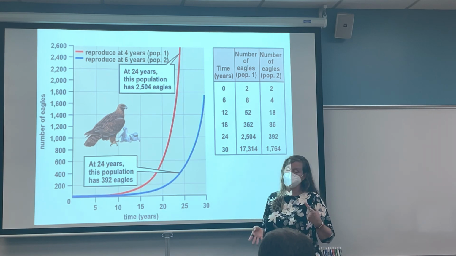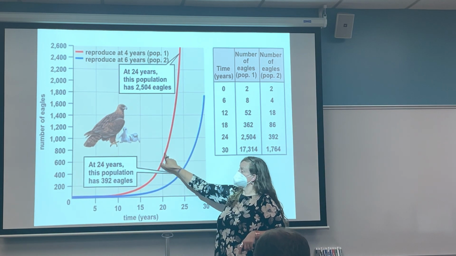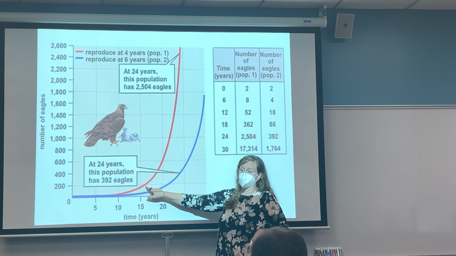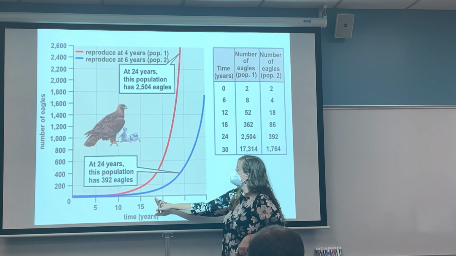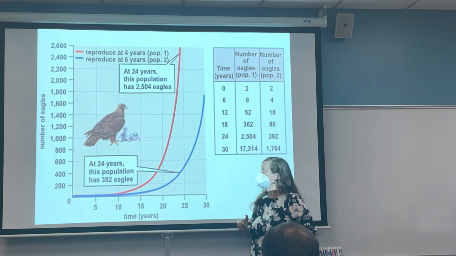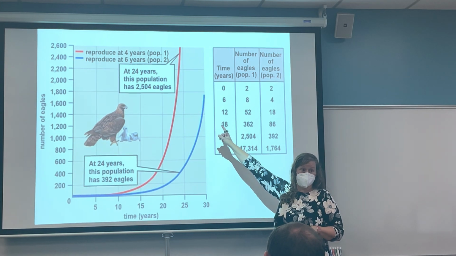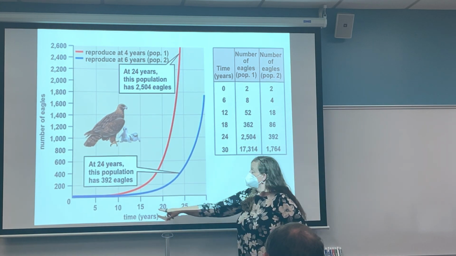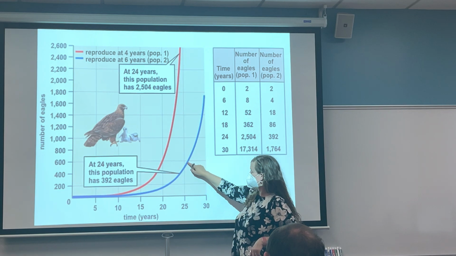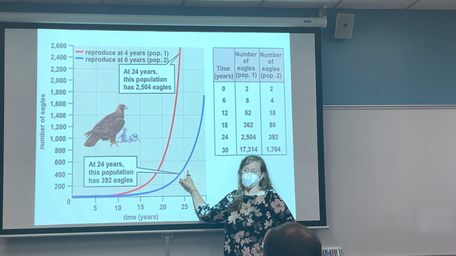So depending on the species of eagle, if you have a species of eagle that they start to be able to reproduce at 4 years old, you can see that by about year 20, you start to get that shooting up. However, if their first age of reproduction is 6 years old, you might not get that shooting up until about 25 years. So it's a big 5-year difference between them.